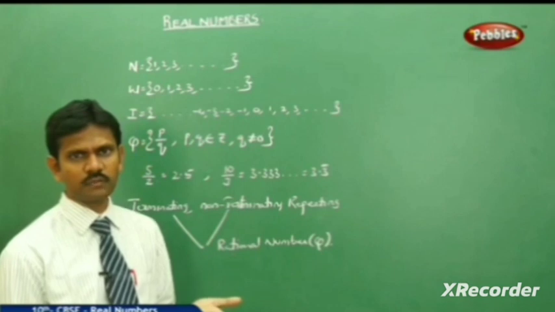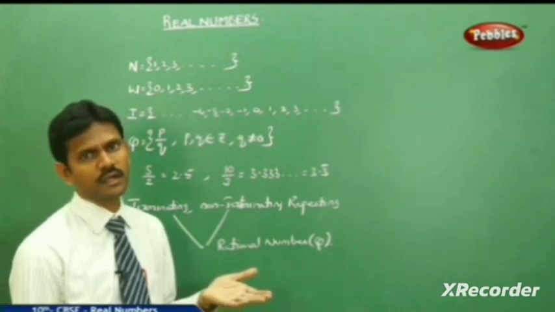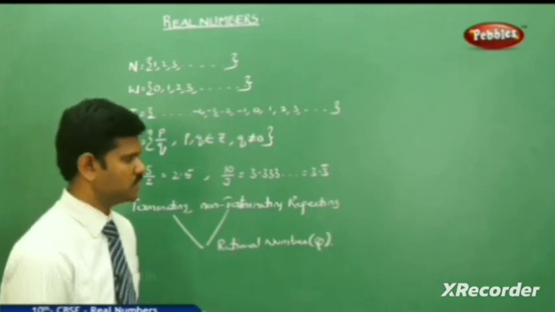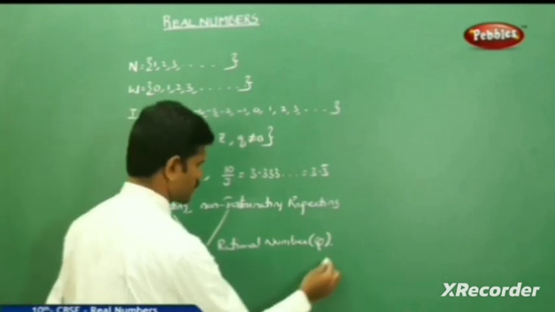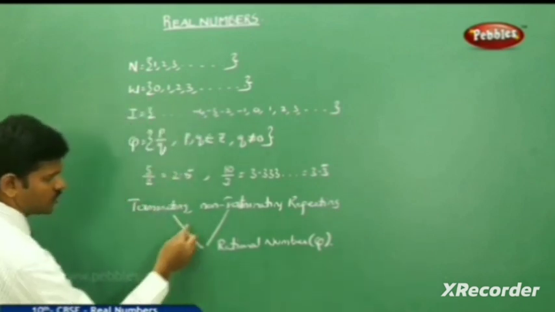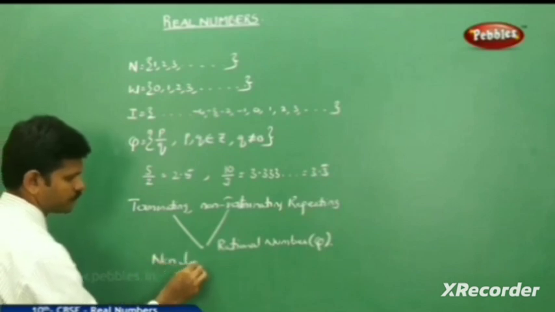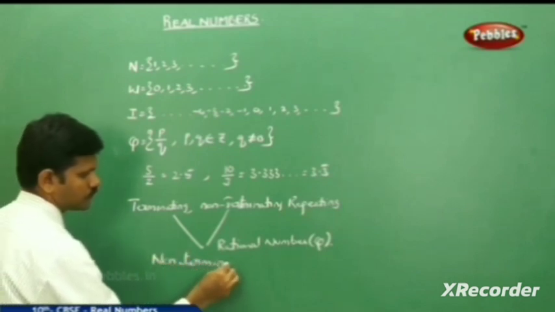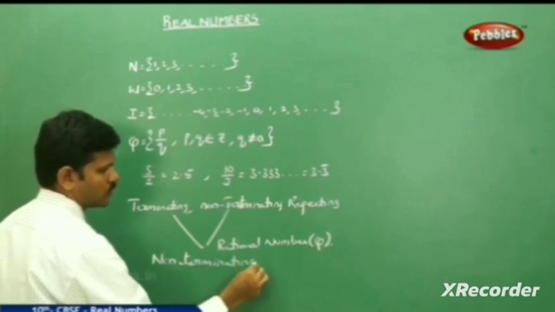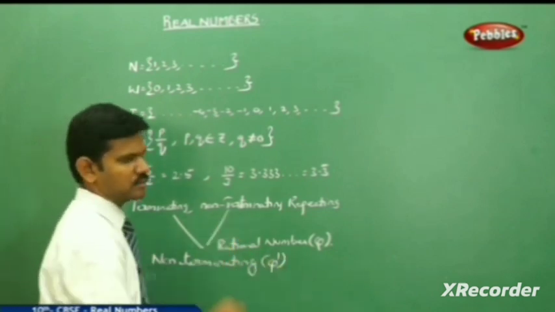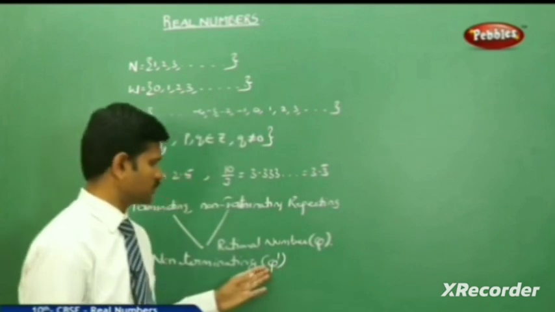Then what about the third one, which is called irrational numbers? Irrational numbers are non-terminating, non-repeating decimals, denoted with Q dash.